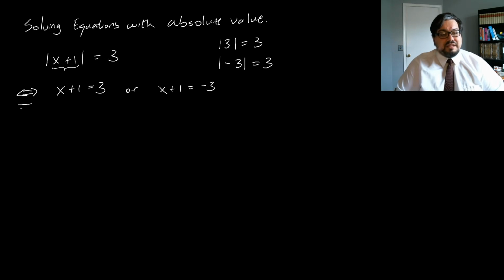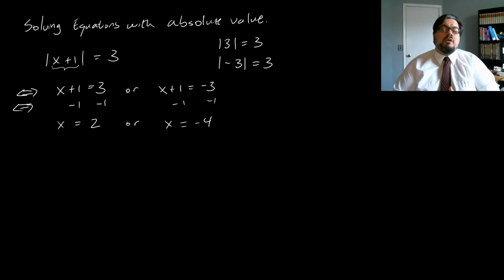Now we can solve each of these equations for x to get that x is equal to 2 or x is equal to -4. These are the two possible solutions to this equation.